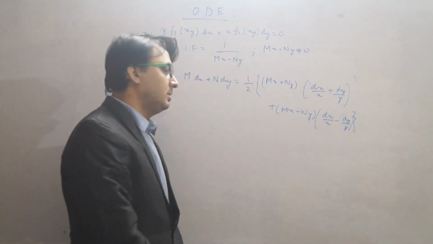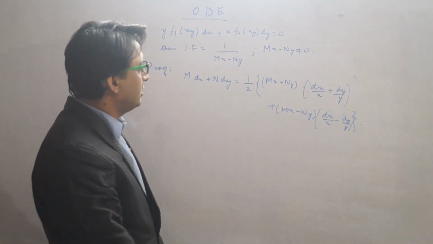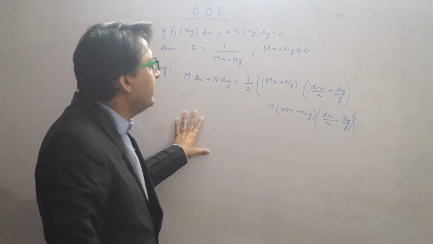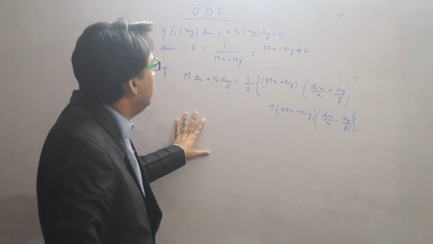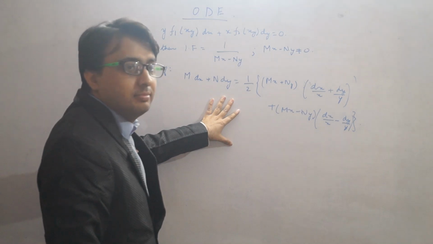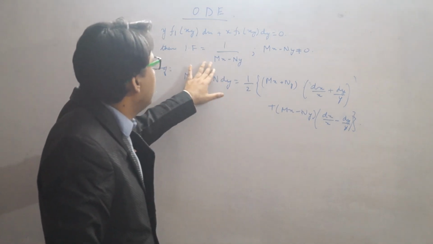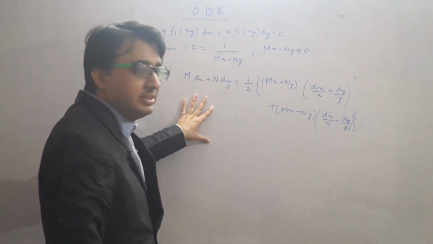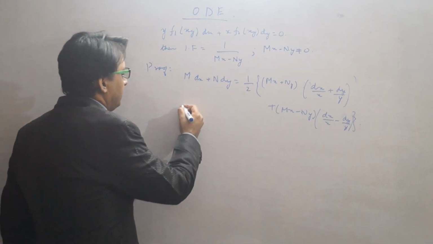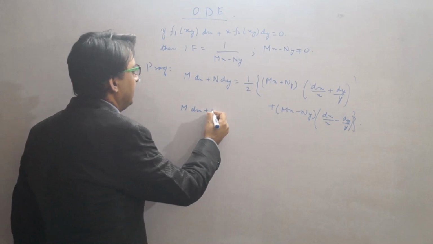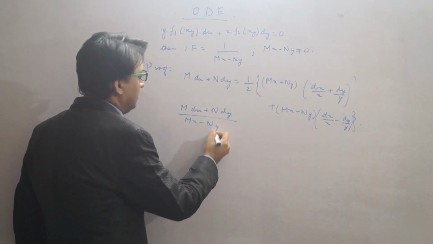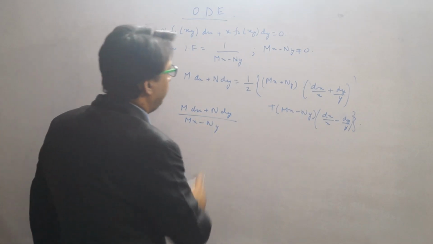Now it is important to decide what our next move should be. Our next move has to be multiplying this equation thoroughly with our integrating factor, because it seems quite logical and sensible to do so. Our integrating factor is 1 by mx minus ny.